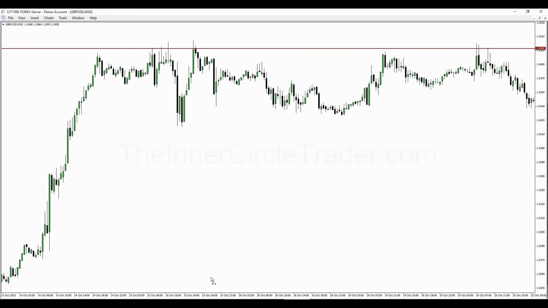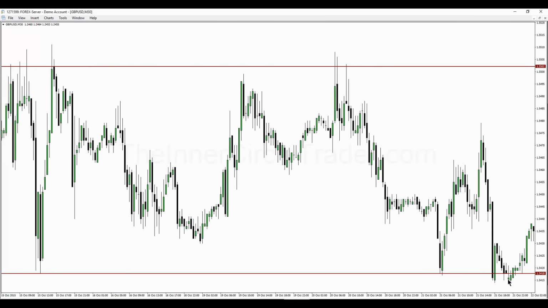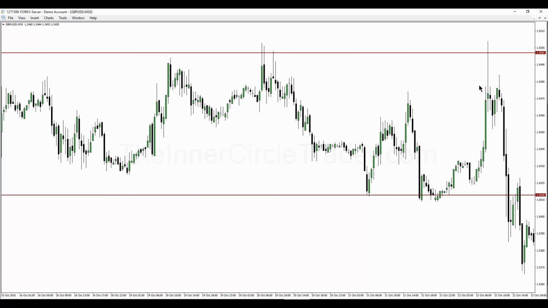And the neckline, I'm sorry, the head down here, your objective would be to cover below that low right here, and that happens right there. And then again, all through here gives you another opportunity to cover, and it ultimately runs one more time above that 5502 level for buy stops, and then again below what would be the head. Plenty of opportunity to make handsome profits.